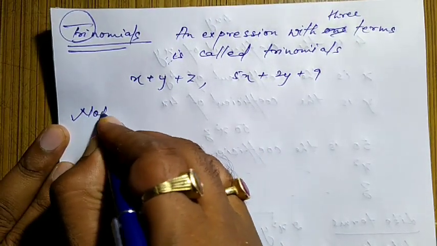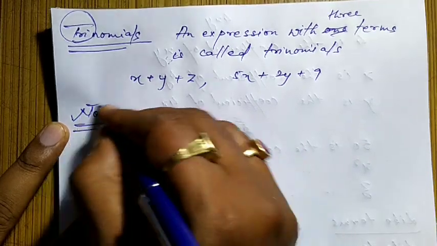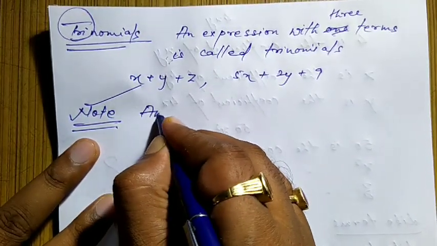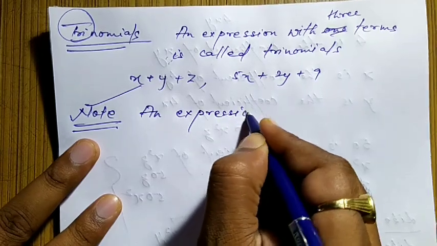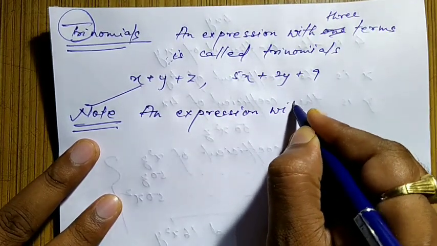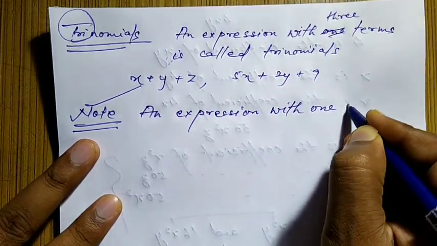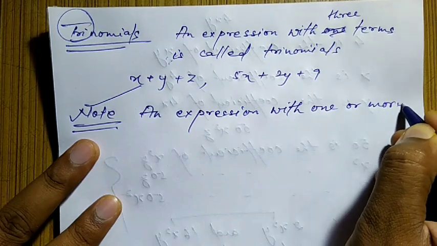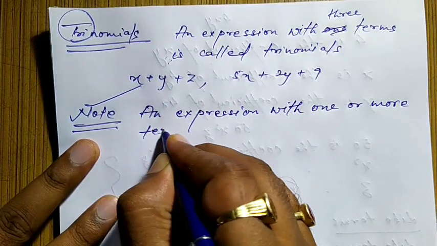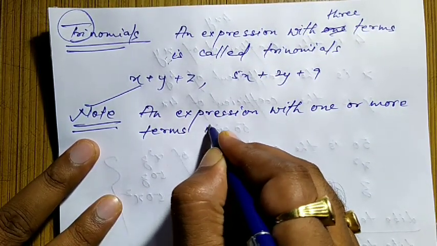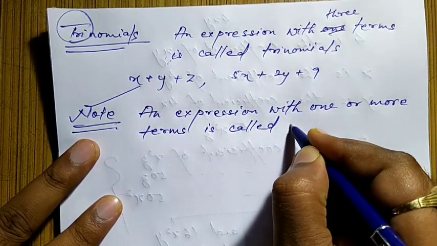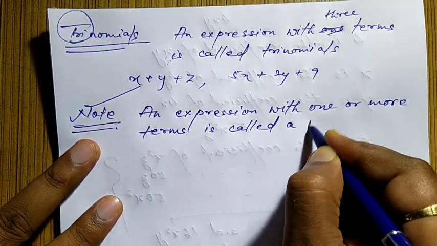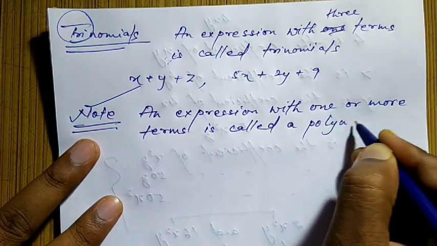And note, this is important, an expression with one or more terms is called a polynomial.